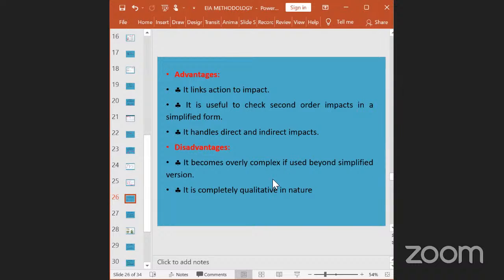Disadvantages: it becomes overly complex if used beyond the simplified version, and it is completely qualitative in nature. So it is difficult to distinguish and quantify the magnitude of the different impacts.